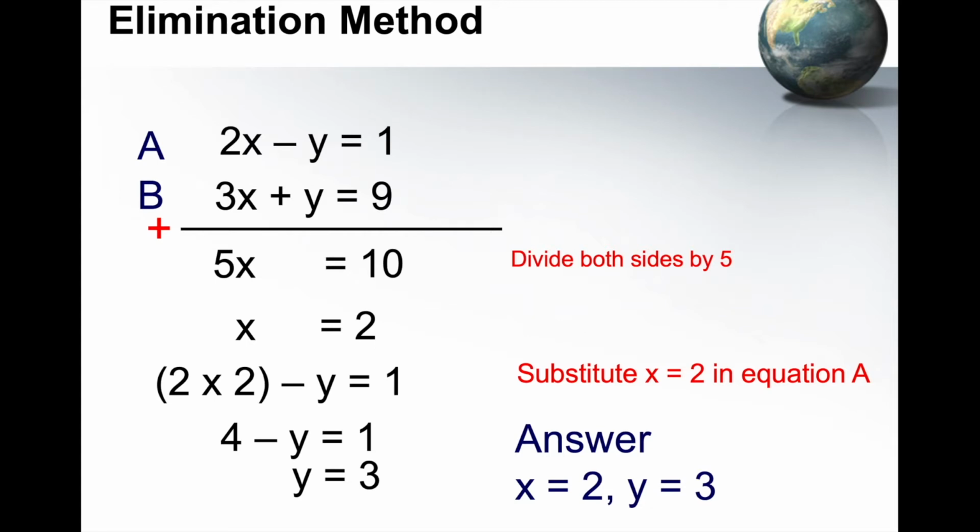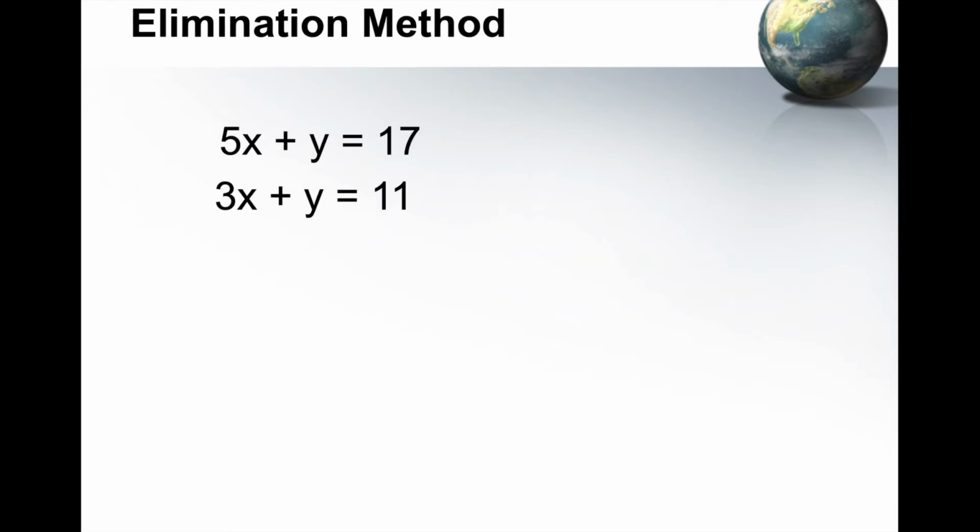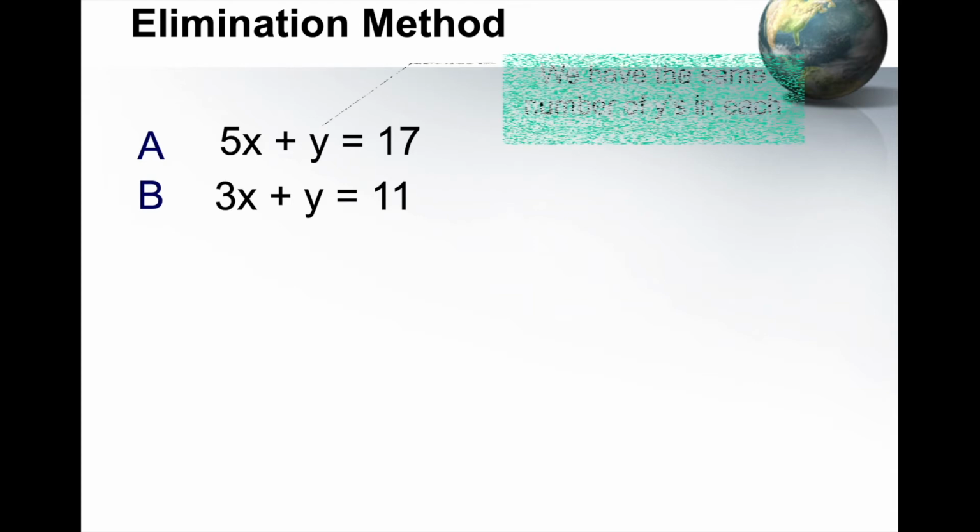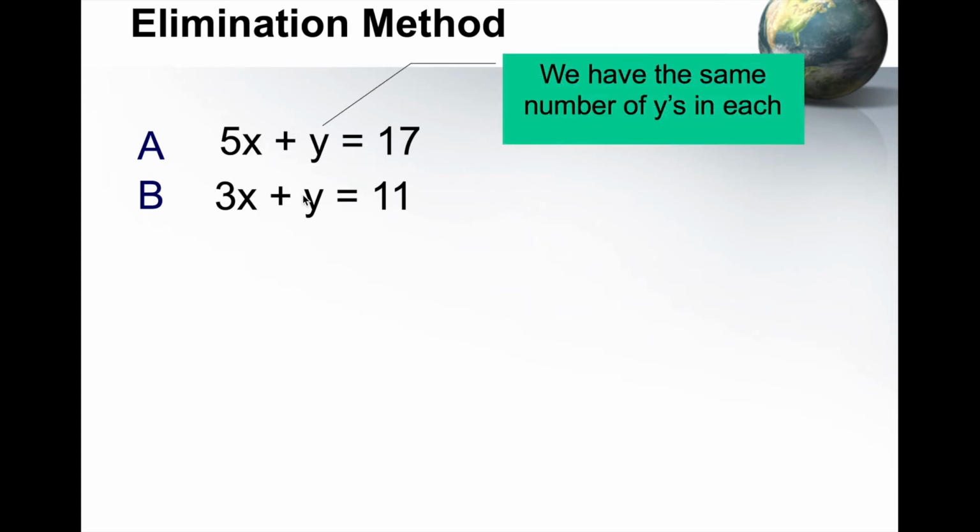Right, let's take a look at another example. Here we have two equations, A and B, and two unknowns, x and y. And we want to eliminate either x or y. In this case, we're going to go with y because they have the same coefficient, the same number.